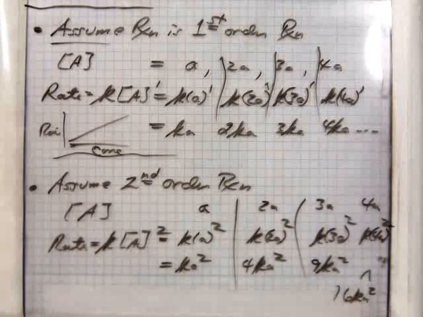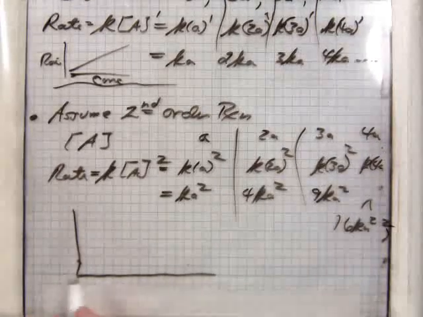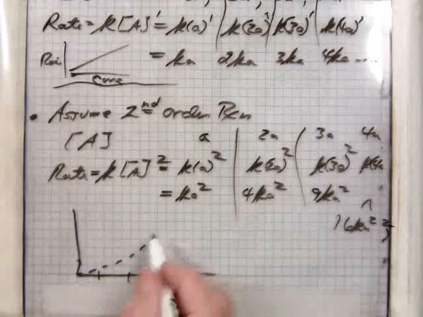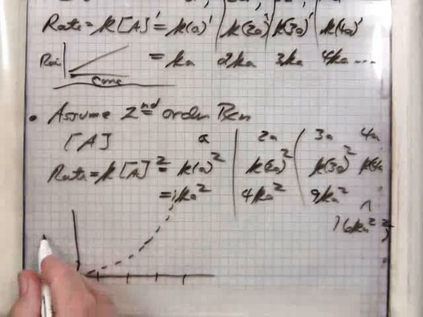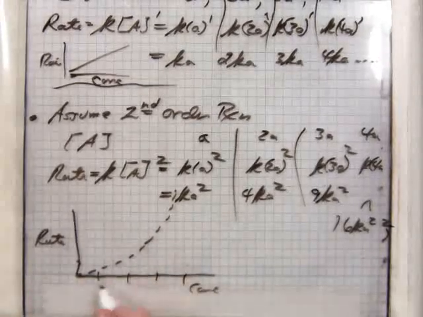So we're looking for a trend that's predominantly exponential when we change concentrations. And so it would follow a curve trend like this. Maybe not drawn to scale.